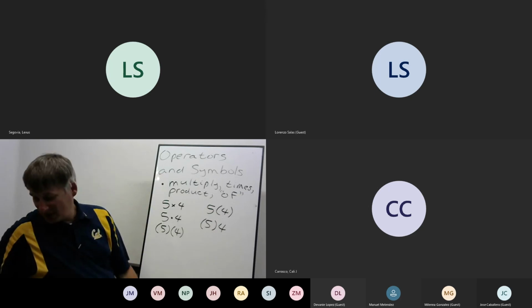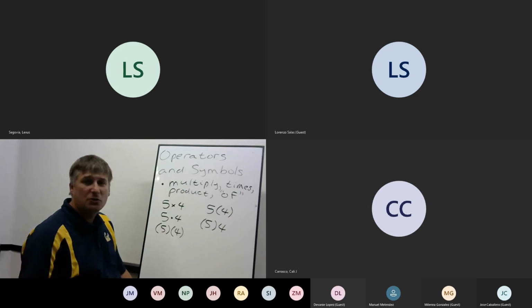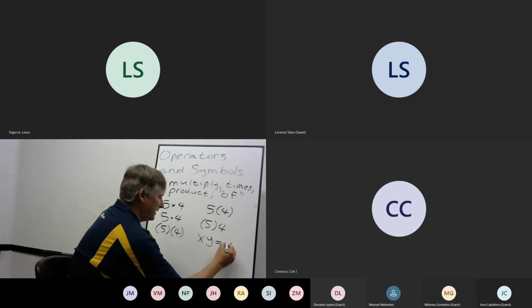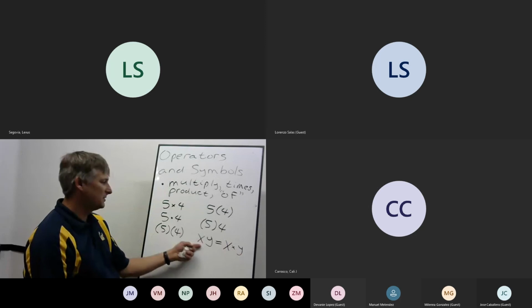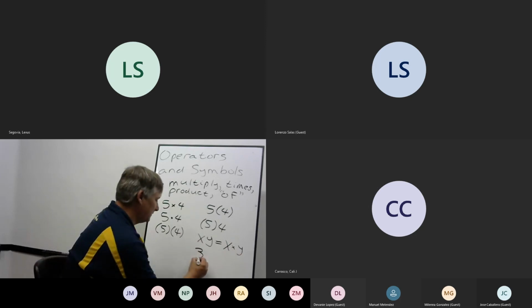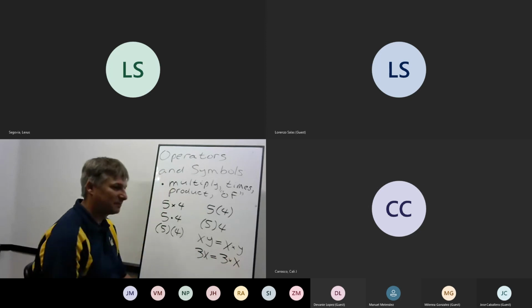Let me see if I'm missing any here. Also, if you take 2 variables, x, y, this equals x times y. This is x times y. Or, and we haven't actually seen this yet, we'll see it later, this is 3 times x.